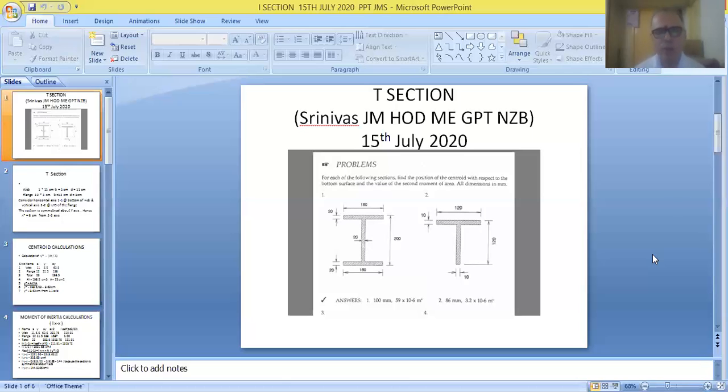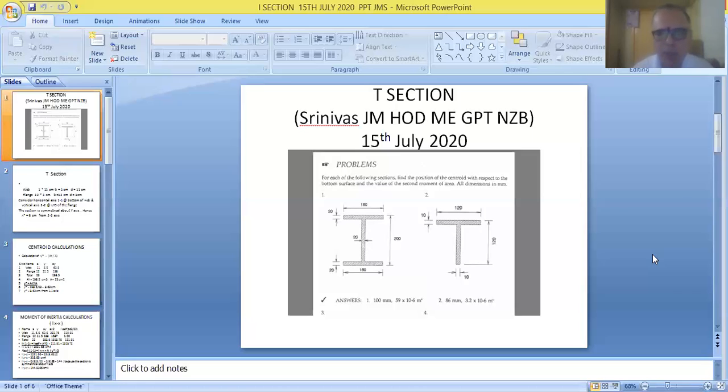Sometimes B values will be greater than D values, sometimes D values will be greater than B values. Whatever may be the case, the B value has to be written on the left hand side and the D value on the right hand side. They are very essential for making correct calculations.